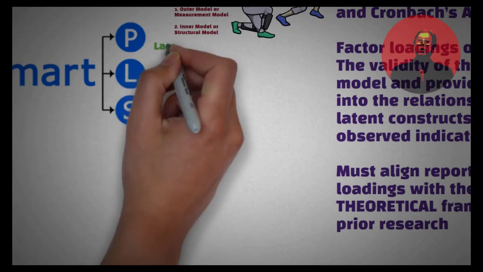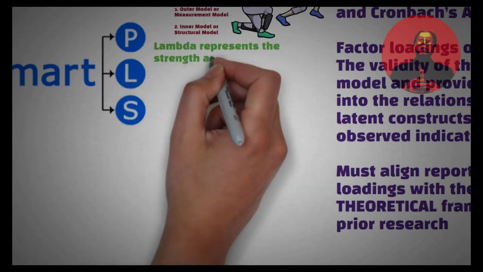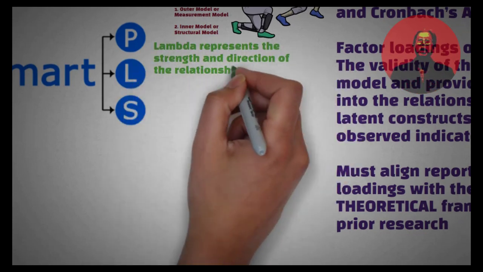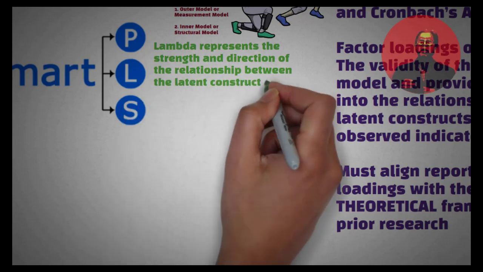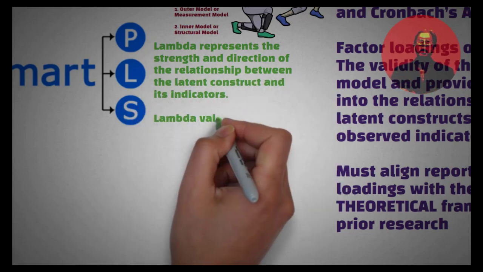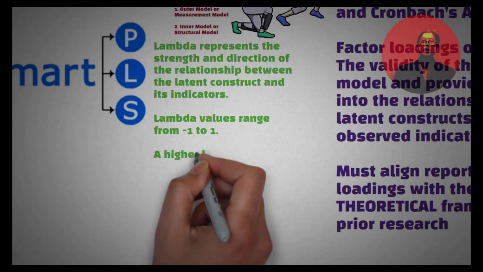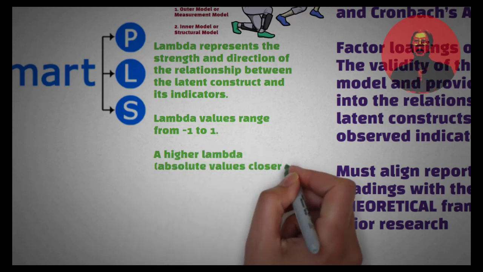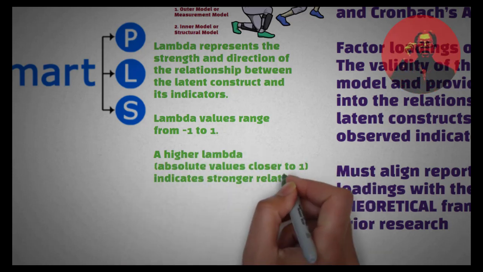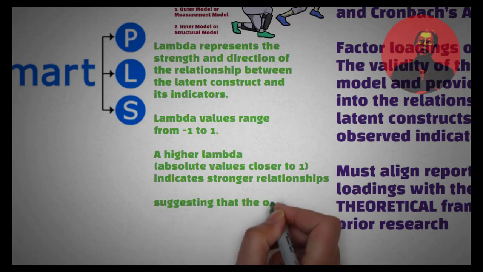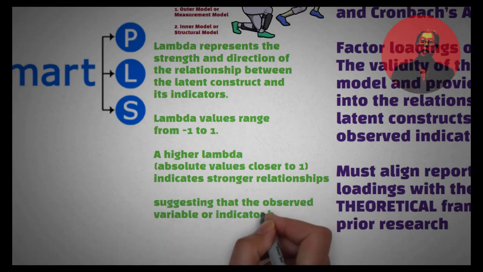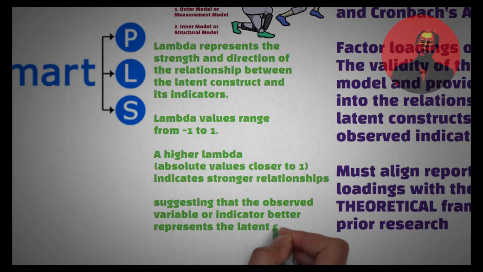Always go back to theories. Lambda represents the strength and direction of the relationship between the latent construct and its indicators. Lambda values range from -1 to +1, similar to correlation coefficient. Remember? -1 to +1.